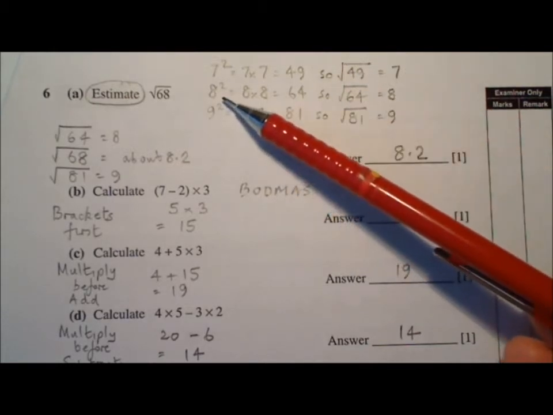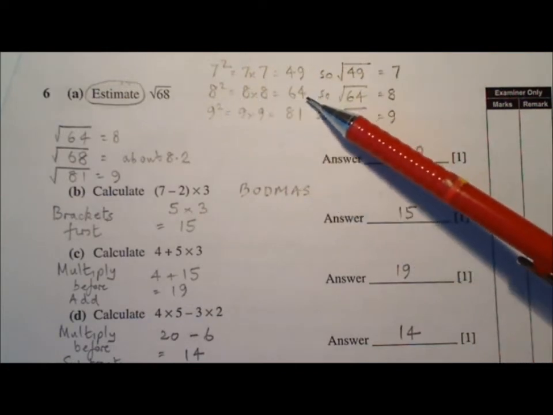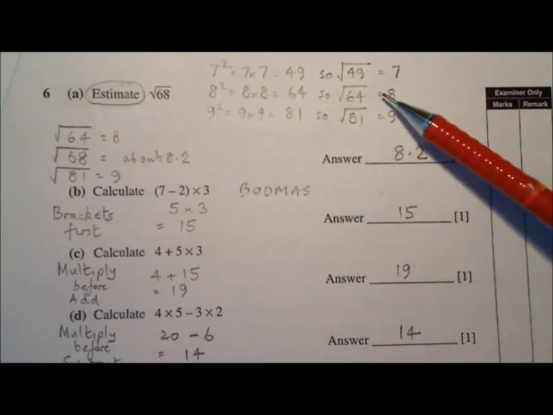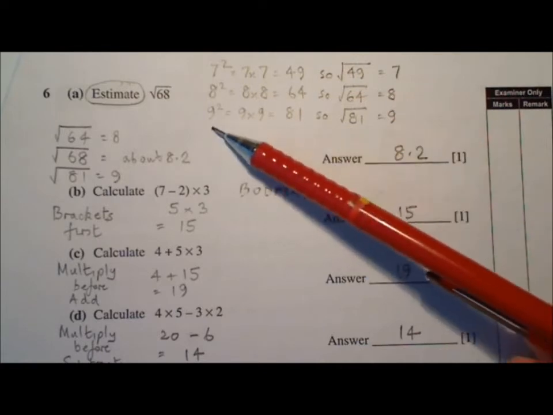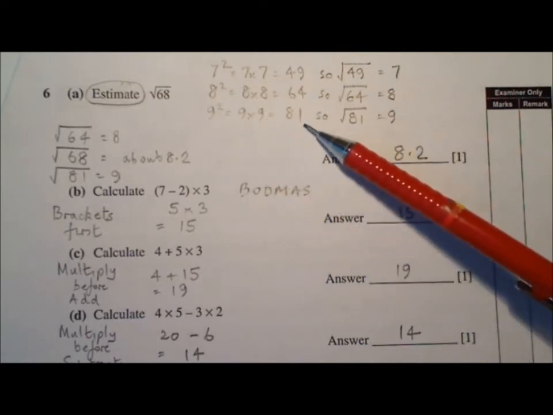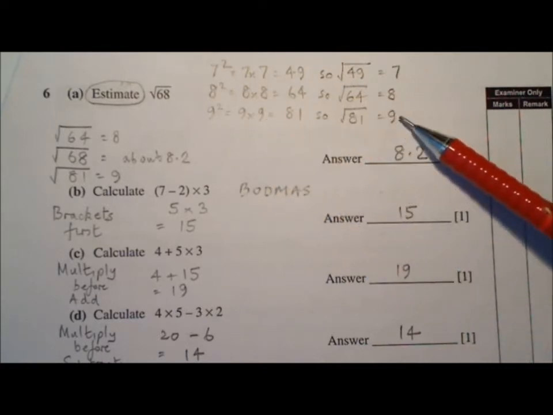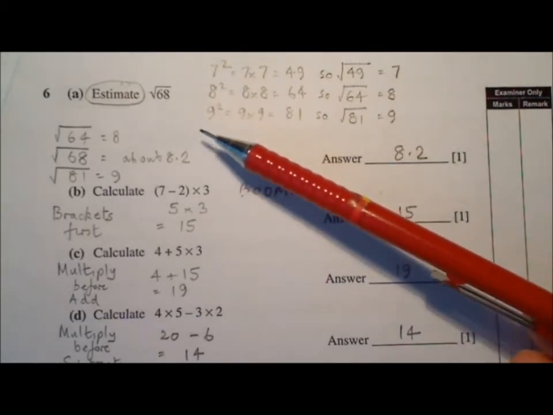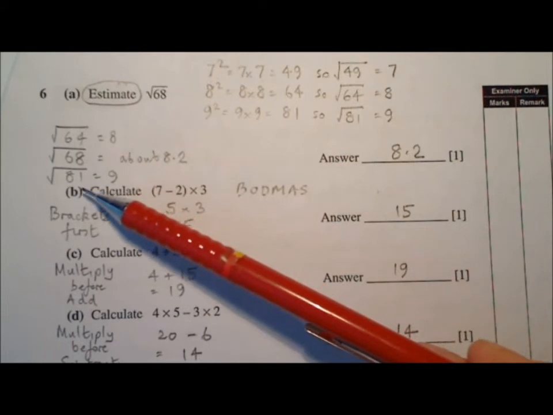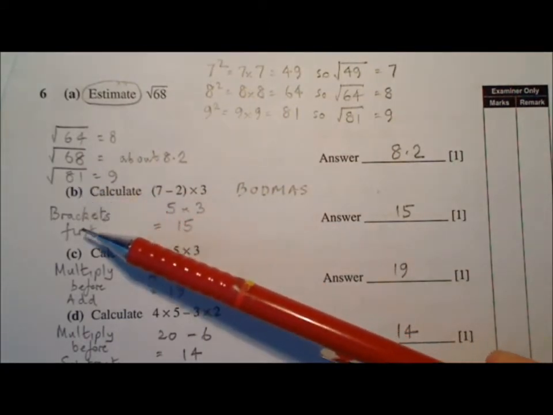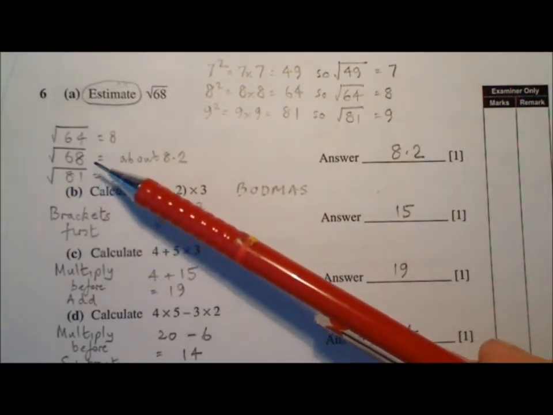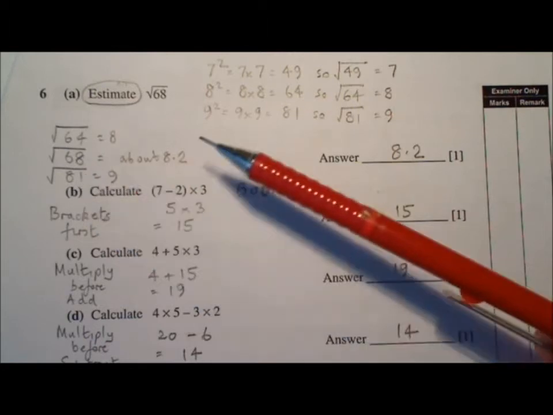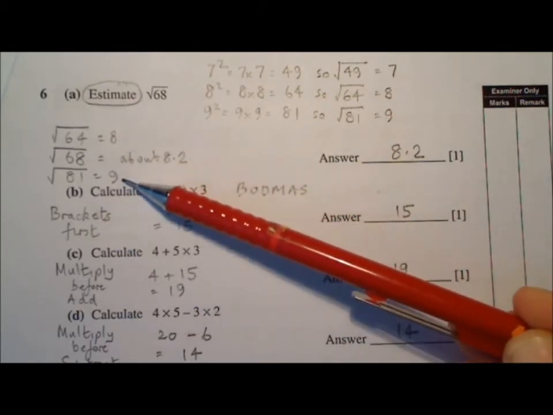Then we've got the square of 8. 8 times 8 is 64. So the square root of 64 is 8. 9 squared is 81. So the square root of 81 is 9. So we can see hopefully that 68 is between 64 and 81. So that means the square root of 68 is somewhere between 8 and 9.